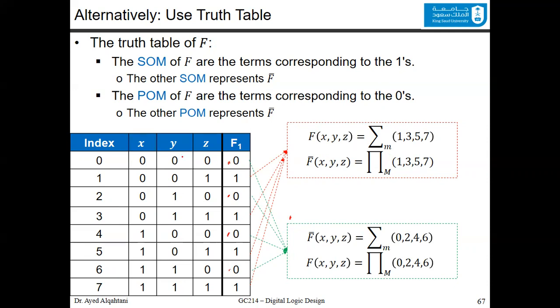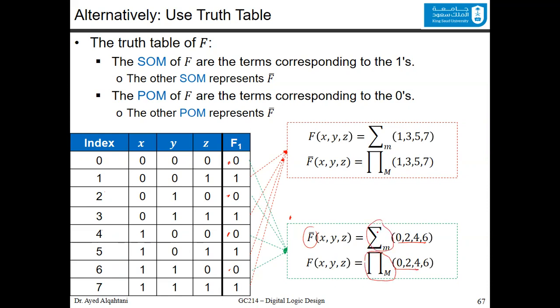So you have maxterm 0, maxterm 2, maxterm 4, and maxterm 6. The function will be the product of maxterms 0, 2, 4, 6.